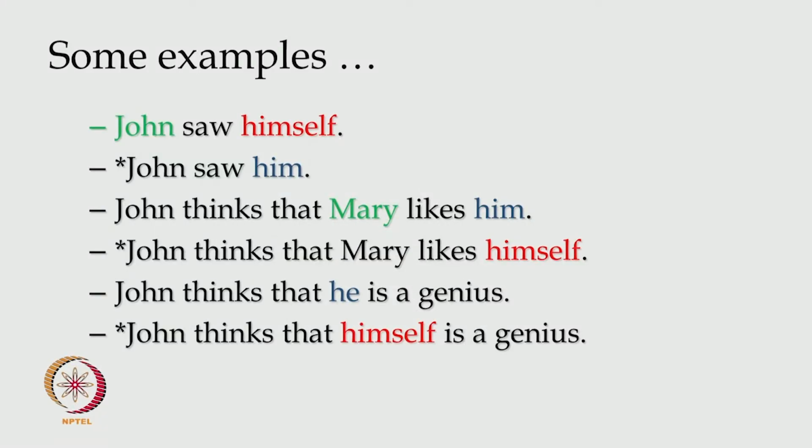Third one, John thinks that Mary likes him, right? Sentence is good. Now, it has independent noun phrases like John, Mary, and then it has a pronoun him. Who does this pronoun him refer to? Clearly John, right? Clearly.